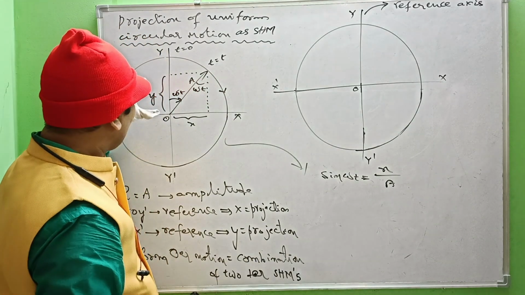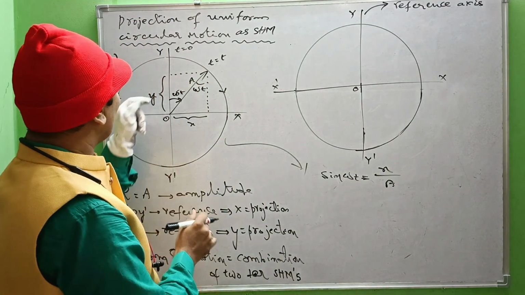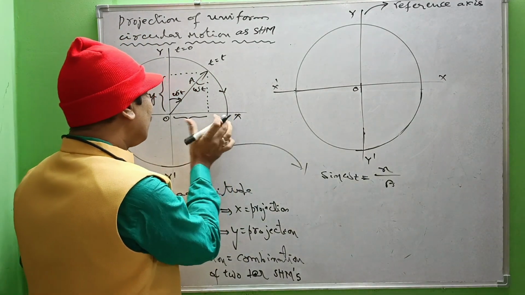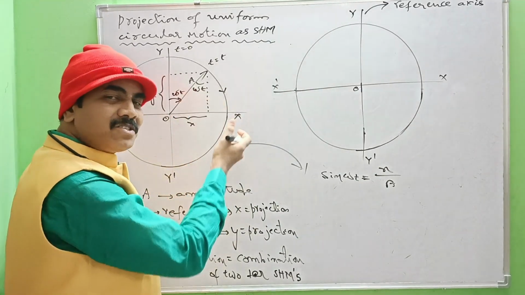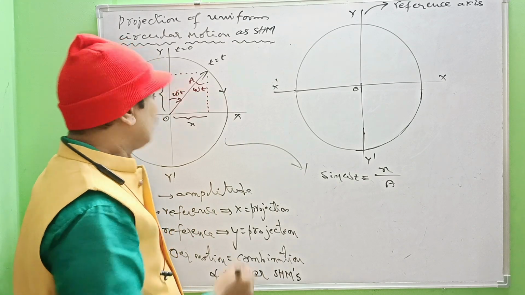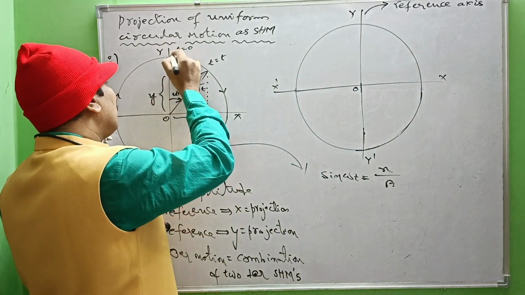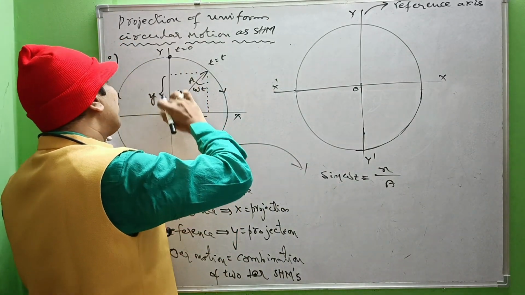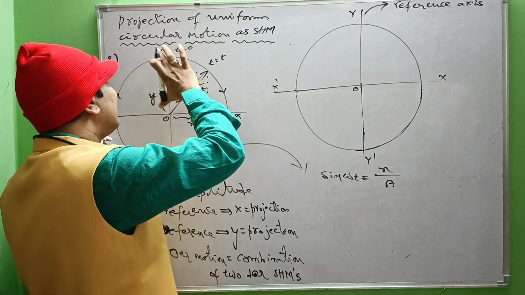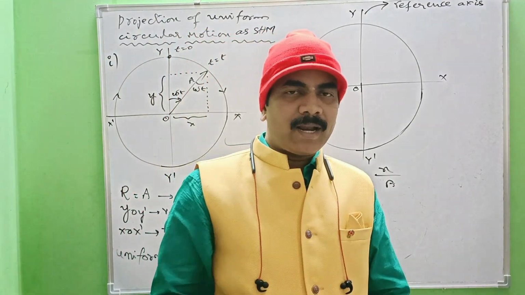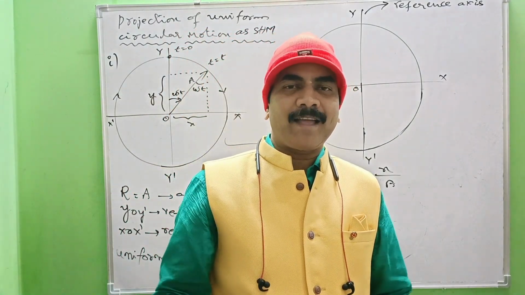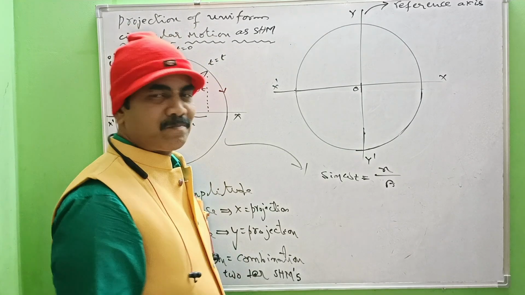So what is the maximum projection for x and y here? If x reaches here, x becomes equal to the radius. That itself, for its oscillation, becomes the amplitude. For the y projection also, when the particle reaches here, y becomes equal to the radius, that itself is the amplitude. So in case of uniform circular motion, the radius of the circular path itself is the amplitude, the maximum displacement.